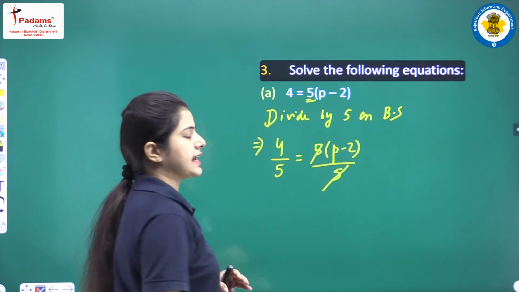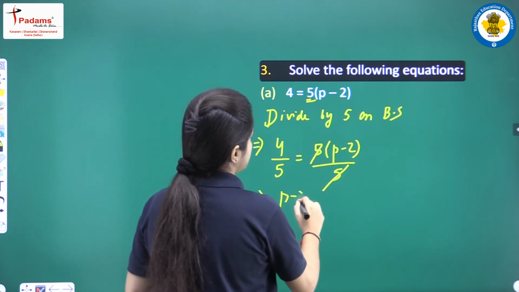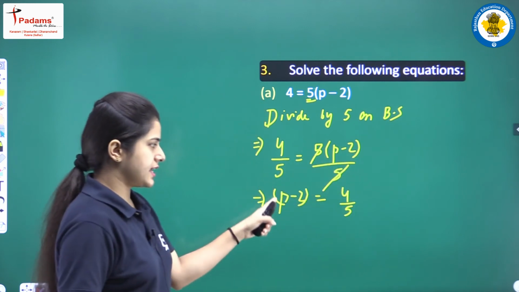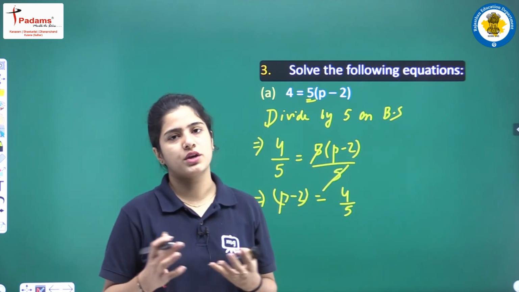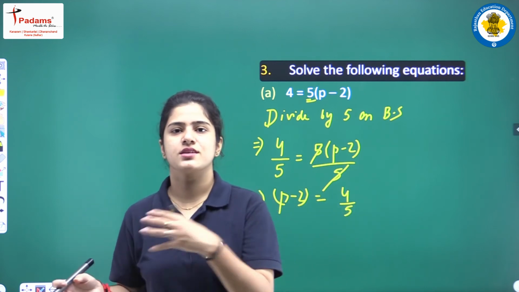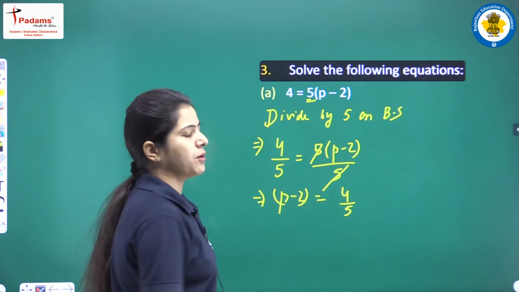This 5 and 5 will cancel out each other. What is left, student? p minus 2 is equal to 4 upon 5. I can take this side, because we know that equality is symmetric. Okay students, so p minus 2 is equal to 4 upon 5.